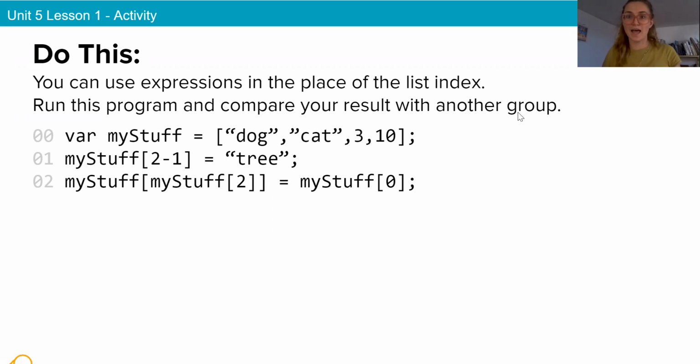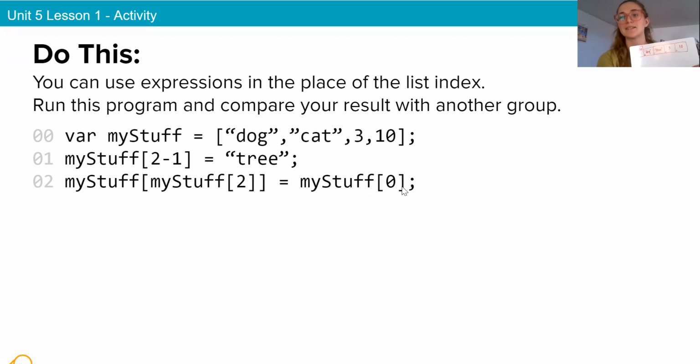And then this last line says myStuff[myStuff[2]] = myStuff[0]. So we want to think about order of operations. We want to start within the brackets first. So myStuff[2] evaluates to 3.